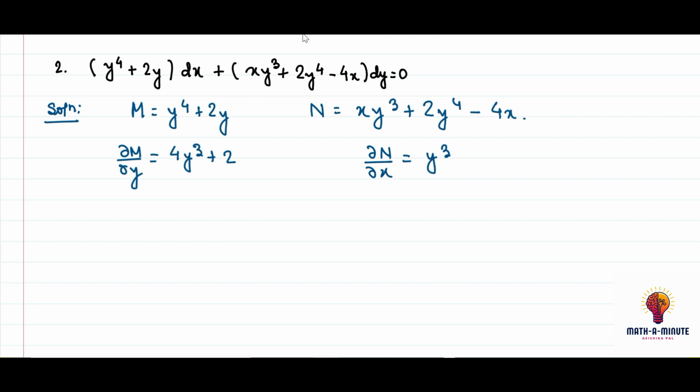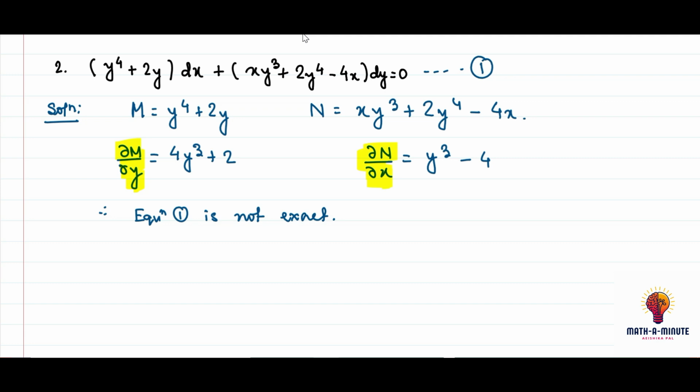Now basically this value is not equal to this value, so we can easily say that therefore equation 1 is not exact. Let me consider it as equation 1.